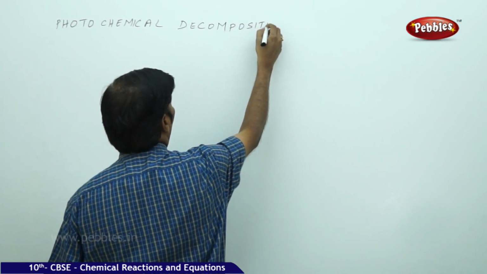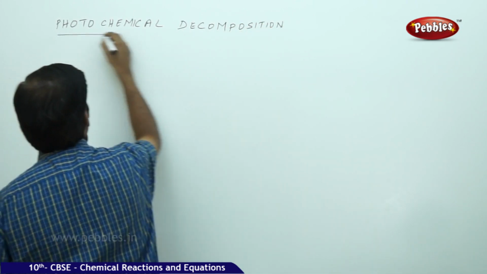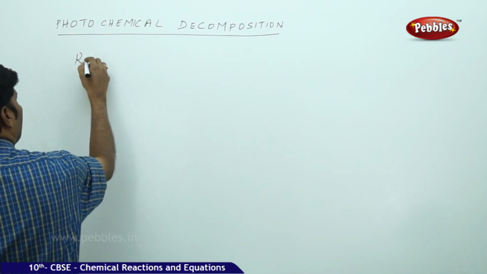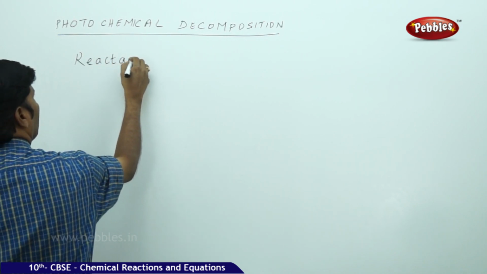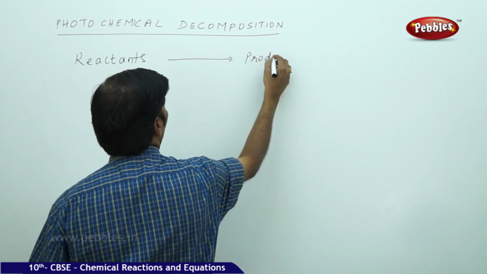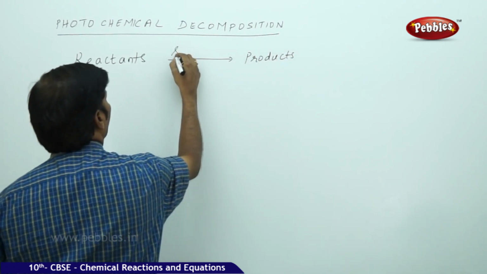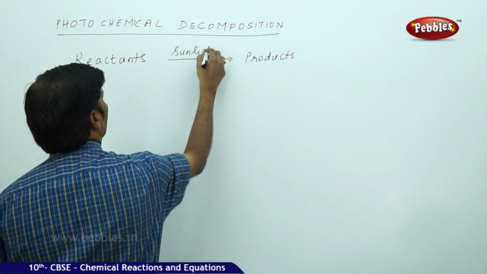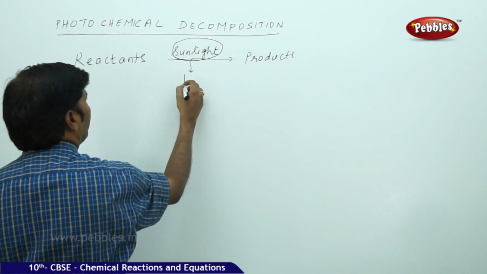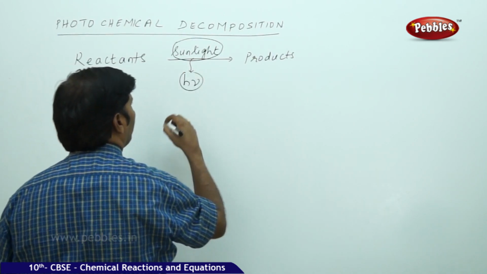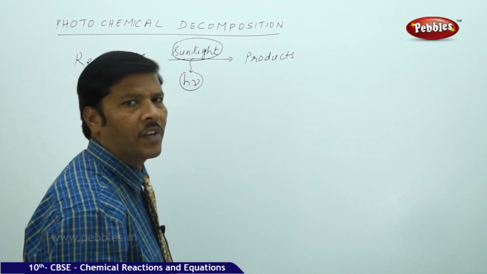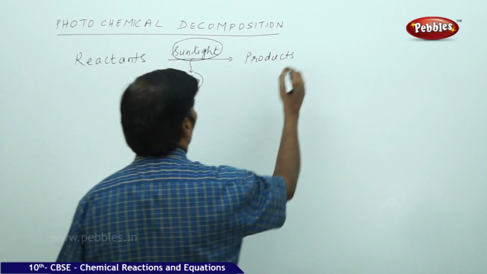If you go for photochemical decomposition, reactants get converted to products in the presence of sunlight. The sunlight, mathematically, we give it in the form of h mu. H mu is nothing but the frequency of radiation, h is the Planck's constant and mu is the frequency of radiation, and we can just call this a photochemical reaction.